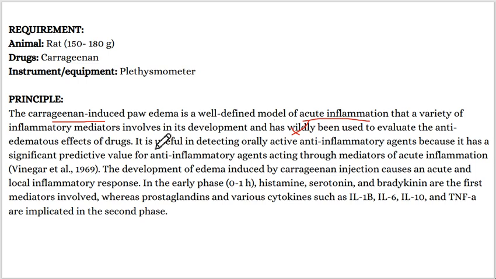So this model has been widely used in clinical trials and in pharmacological departments because carrageenan shows acute inflammation, and in order to study the anti-inflammatory or anti-edematous effects of drugs, this model is used. It is also useful in detecting orally active anti-inflammatory agents because it has a significant predictive value for anti-inflammatory agents acting through the mediators of acute inflammation.